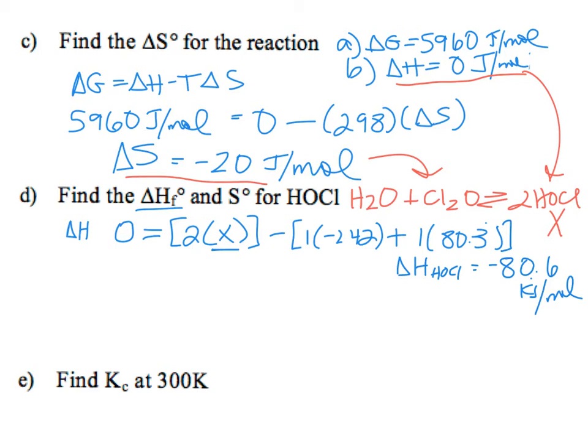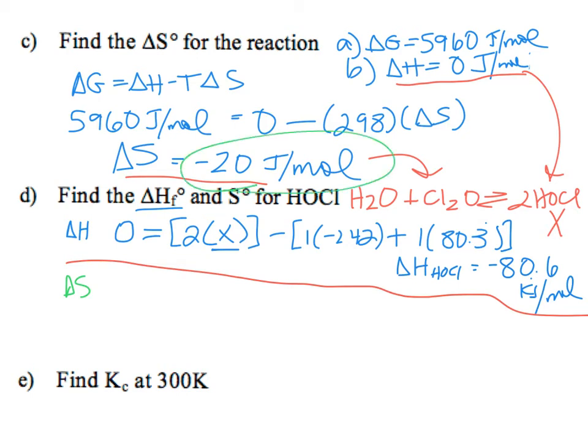Okay, so now we have to do the same to find the S. So I'm just going to draw a line here so we don't get all my numbers confused. And we're going to solve for the S of HOCl by, again, setting it equal to what we just calculated right there.